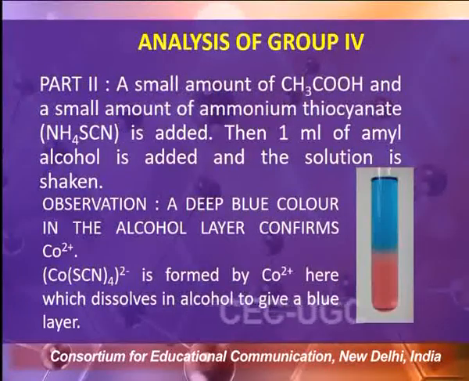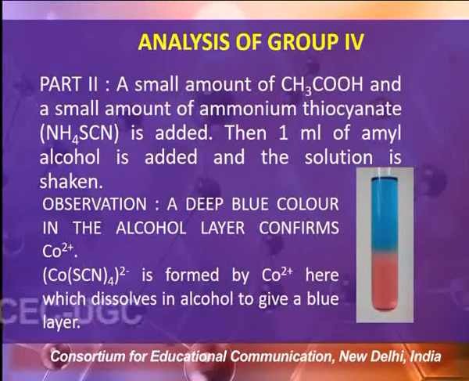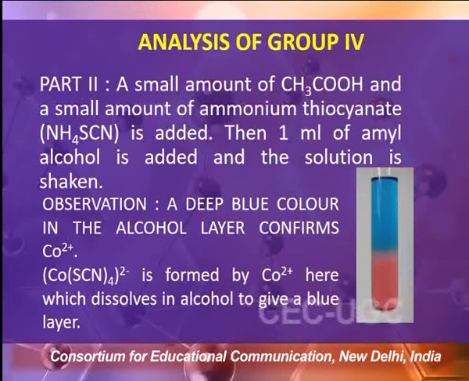To the second part, a small amount of acetic acid and a small amount of ammonium thiocyanate solution is added. After that, 1 ml of amyl alcohol is added and then this solution is shaken.